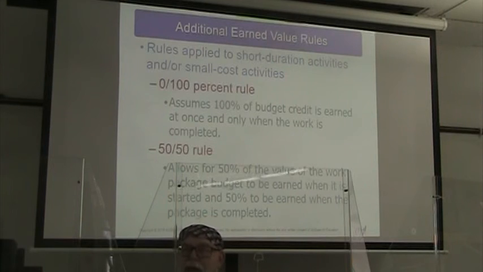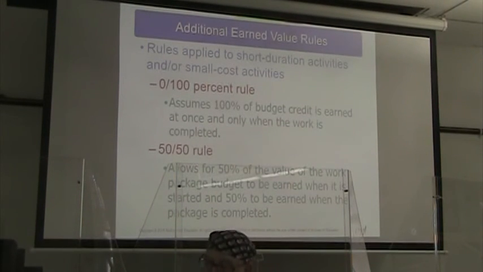When a work package is completed, it is 100% value earned, but otherwise it's 0% value earned. Or we can use the 50-50 rule, where when you start a work package, you immediately earn 50% of the earned value, and when you finish it, you get the other 50%.